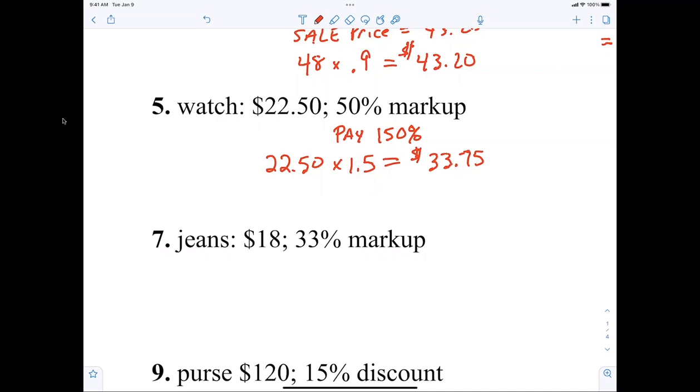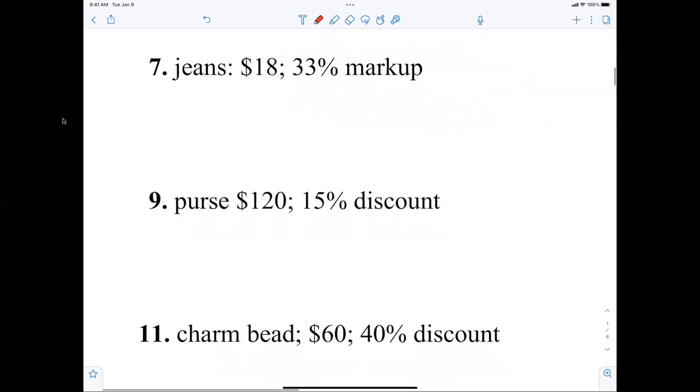All right, here we go. I have jeans for $18. I'm trying to sell my jeans. I want to mark it up 33%. So what is my selling price going to be? Davis, how do I do this? 133%. So I need everybody to put down 133%. Now, does everybody understand where I got 133%? So now tell me how do I solve this, Davis?